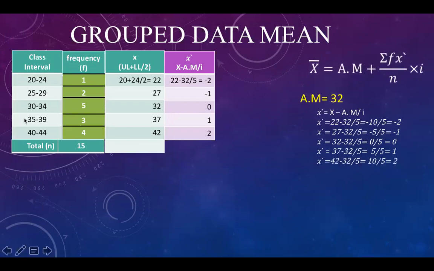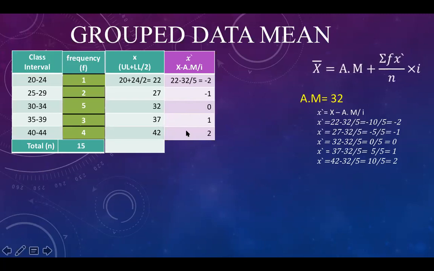Keep it in mind, if the class intervals are in increasing order, then the assumed mean has the zero deviation. Then from the upper side of the assumed mean, there will be the negative deviations. We write minus 1, minus 2, minus 3, up to the last class.